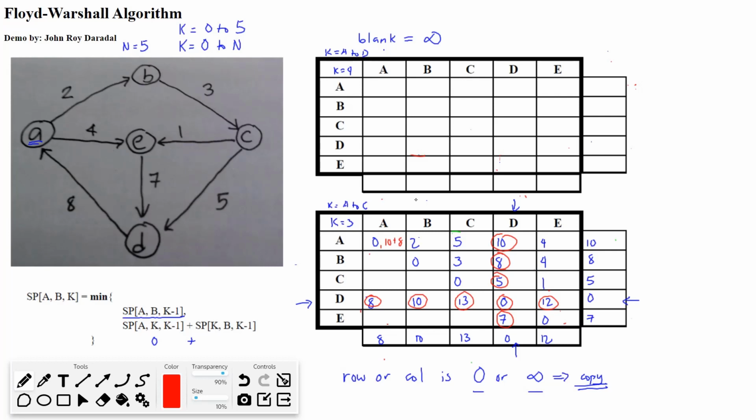So for this row, actually, this will all be 10 plus, then 10 plus. For this row, I'll write the infinities first, because we need to compare, right? So for this row, this would all be 8 plus something. 8 plus. This one will be 5 plus something.